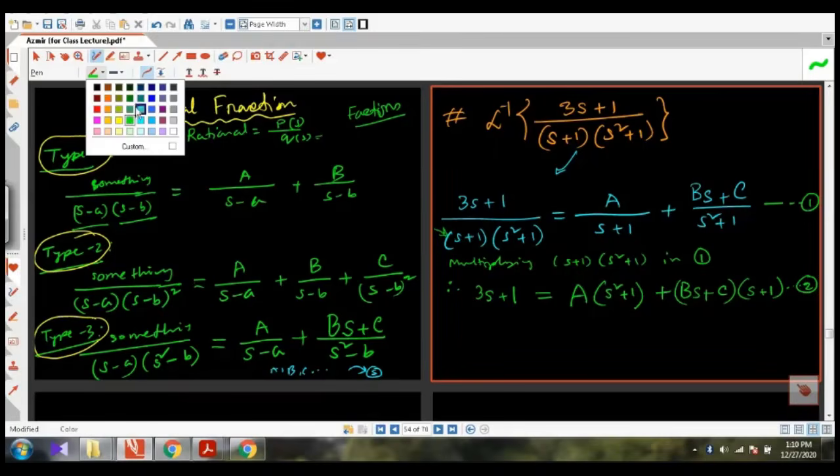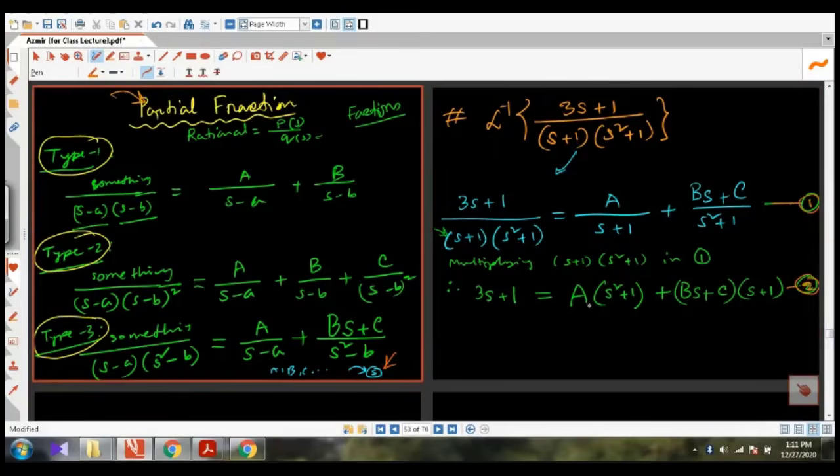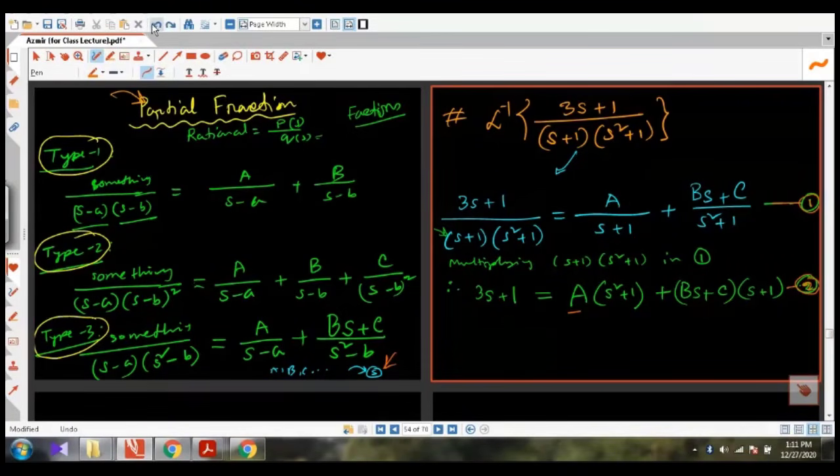So I am mentioning this as another equation, equation number 2, and this is equation number 1. So now we have to input some values of s in equation 2 so that we can get a, b, and c. So let's try to input.